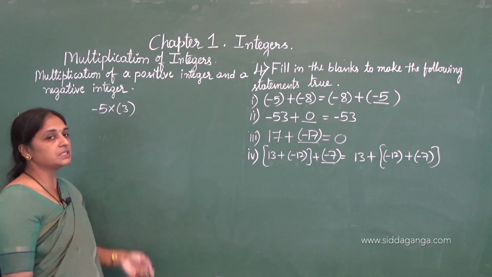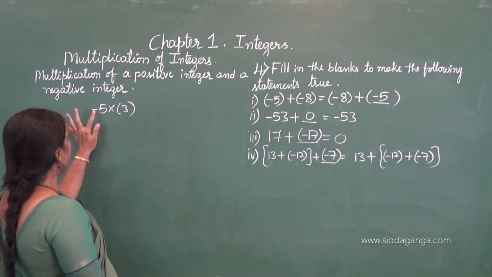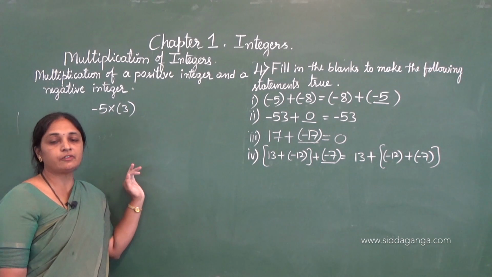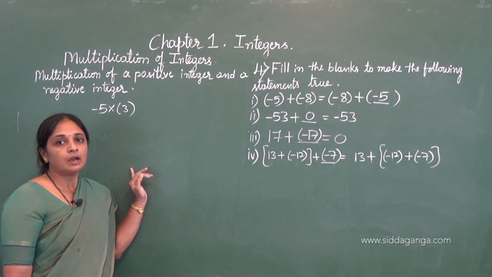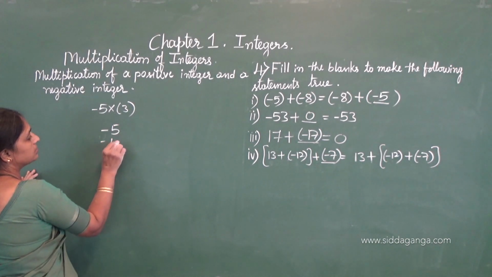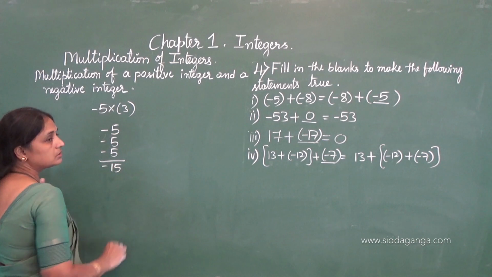Here we have a minus sign. Then how can we do this? Multiplication is a shortcut for repeated addition. How can we write this? Minus 5 plus minus 5 plus minus 5. Then we get minus 15 here.